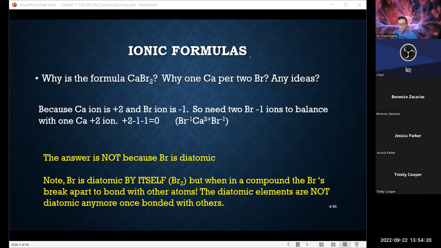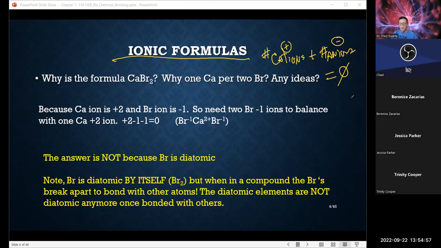When we're making formulas of ionic compounds, the number of cations plus the number of anions must equal 0. So the total number of cations, positive charge, and the total number of anions, negative charge, you must have an equal number of each so that they end up with a neutral overall charge.